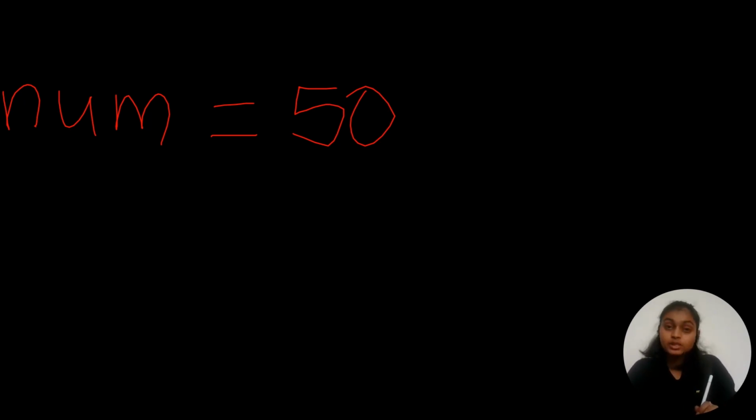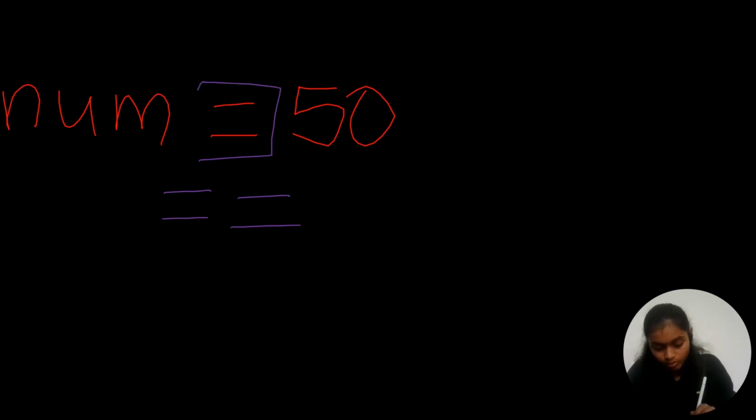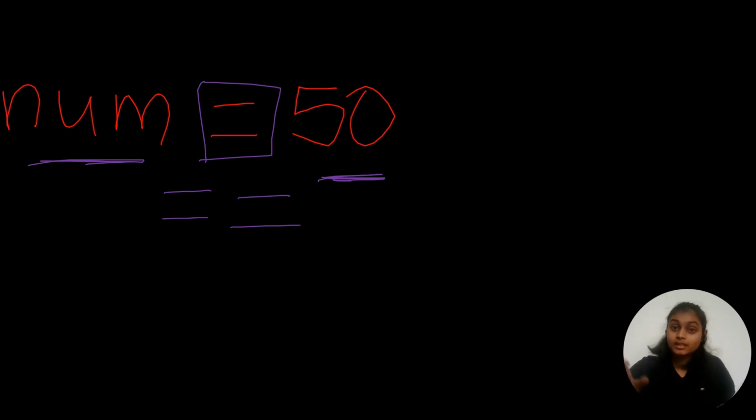Here, in the previous video I discussed one concept called the double equal sign and single equal sign. If I mention double equals instead of single equals over here, it becomes a condition check. So here it checks the condition, whether num is equal to number 50. It returns a true or false condition, but I don't want to check for any condition. I want to assign a value, just like I discussed in the previous video.